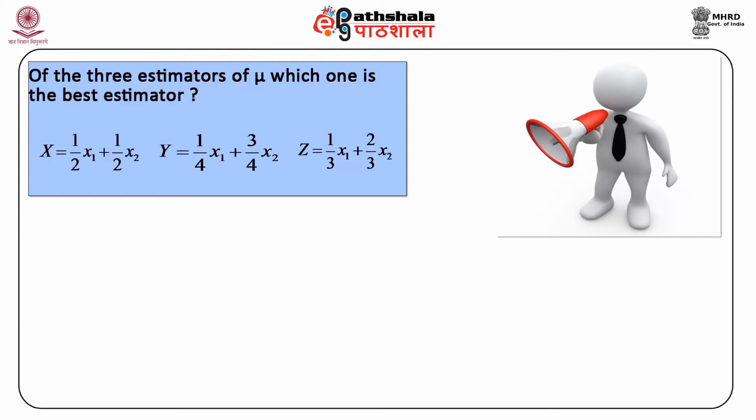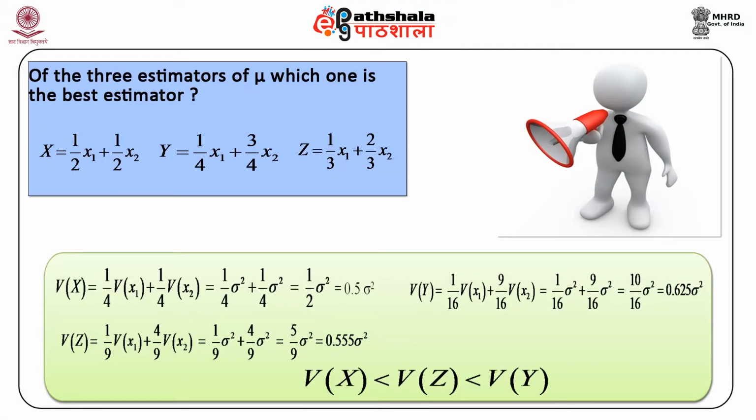Now variance of X is equal to 1 by 4 variance of X1 plus 1 by 4 variance of X2. This is equal to 1 by 4 sigma square plus 1 by 4 sigma square, which is equal to half sigma square or 0.5 sigma square.